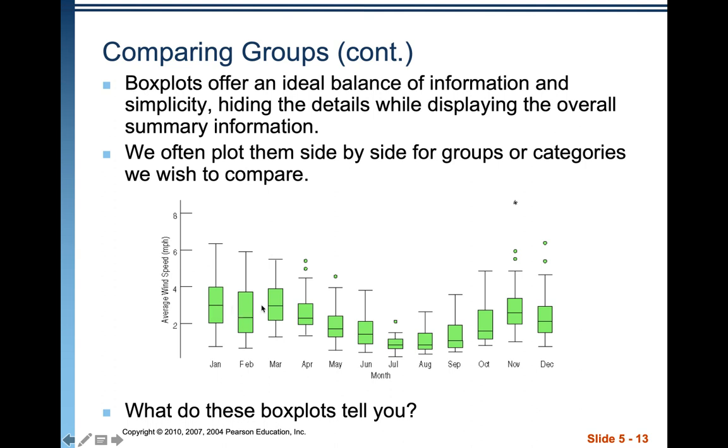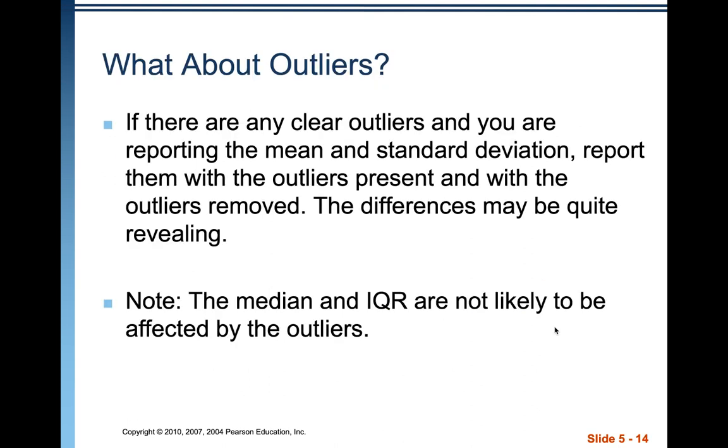And you can see how the medians compare. The general trend is that as we go from January to July, the median decreases. And then July, August, September, the median values tend to go up with a little bit of a dip there in December. So lots of interesting information given in the box plots.